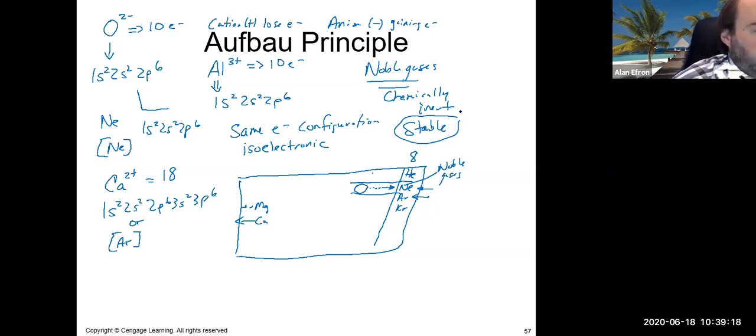So everybody tries to achieve the same electron configuration as a noble gas. That's really the basis of all bonding, both ionic bonding and covalent bonding that we'll talk about. The whole basis of that is for everybody to end up pretty much with the same electron configuration as a noble gas, because that's an extremely stable situation.